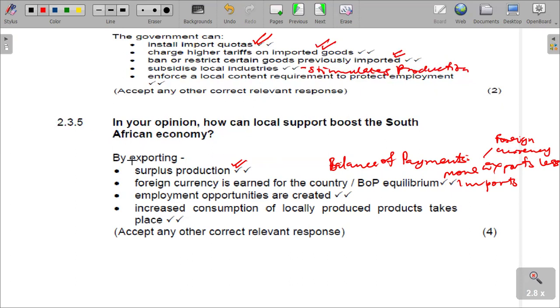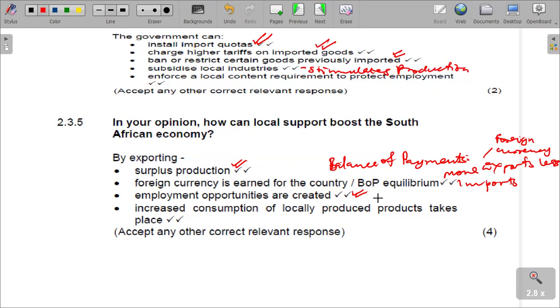In that regard, there is also employment creation. Employment opportunities are created because we are talking about the sustenance of industrialization. Industries are kept operational, and therefore employment opportunities are created as a result of our industries running.